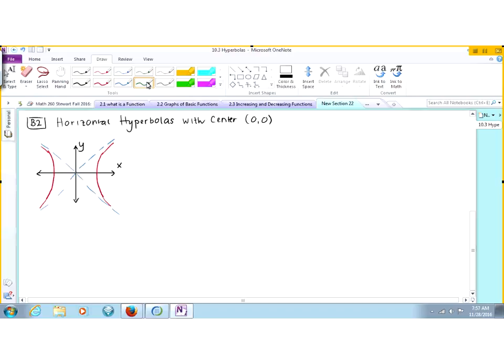Now, let me ask, where are the two foci located? On the x-axis, yes. So this is F1 and F2. It doesn't matter which one is F1 and F2. So the equation is, what do you think the equation will be? x squared over a squared minus y squared over b squared is equal to 1.